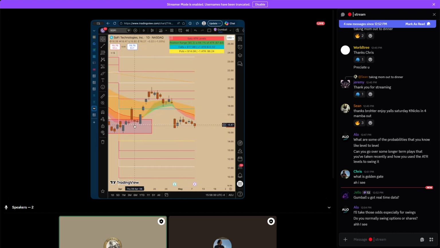So even here, like the anchor or the previous close of this quarter, you saw some actually decent demand right here. And then you get that actual close of that range. And then you can take it here, but if you want confirmation, you can take it here or take it here.